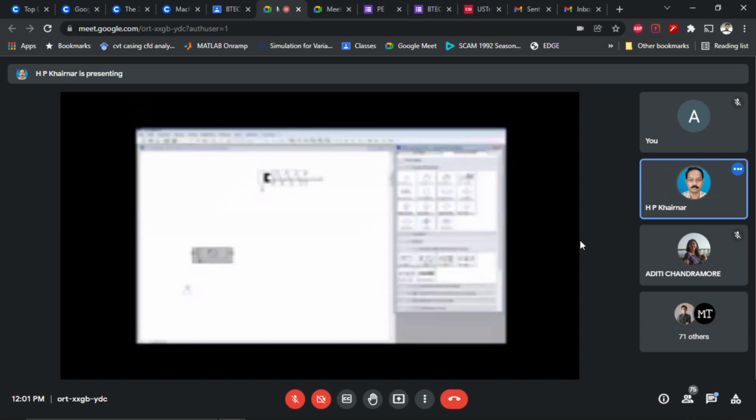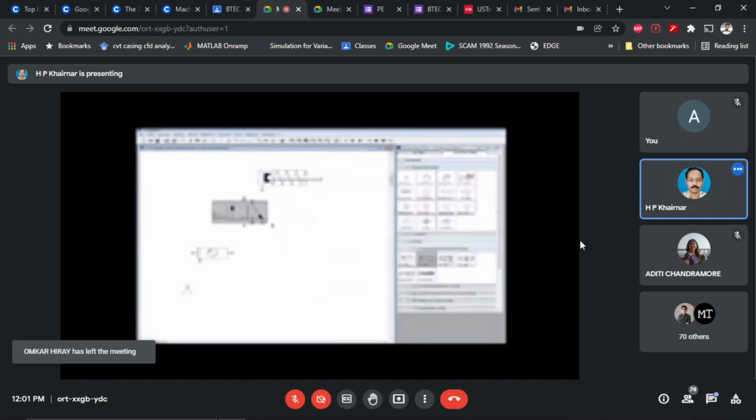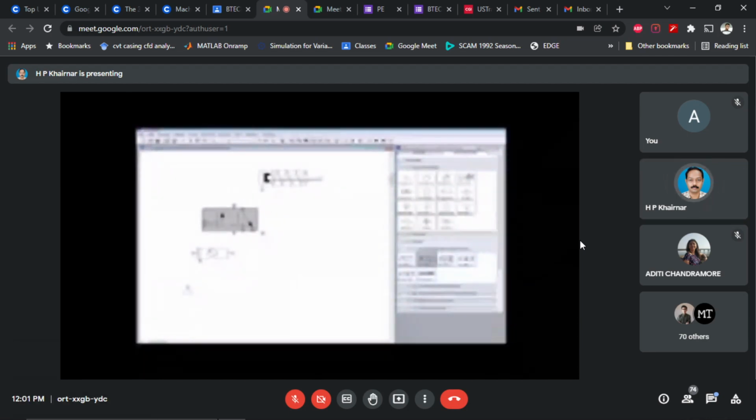Which will control our cylinder. This is a 3/2-way valve. By right-clicking on our valve, we can adjust the properties of the valve. So in this case, we're going to have a push button with a detent, which holds it in position. And our next valve is also going to be a 3/2-way valve.